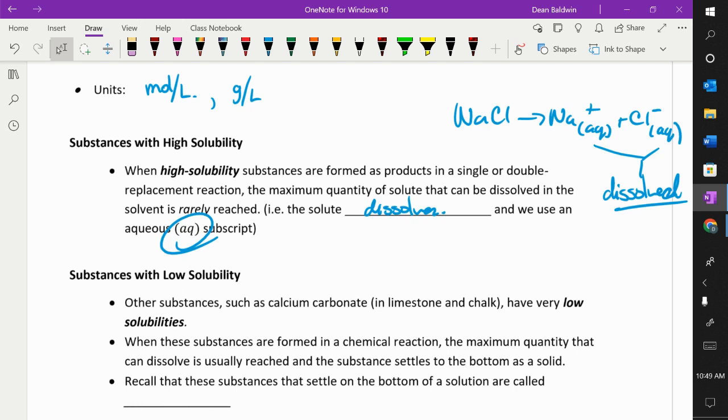You'd put it into the equation. We're going to learn how to write net ionic equations in a sec. But you'd have to state what it is in some sort of pre-statement, I guess.